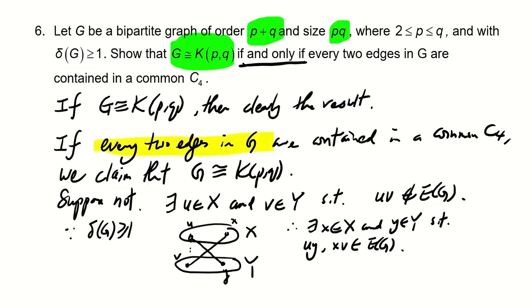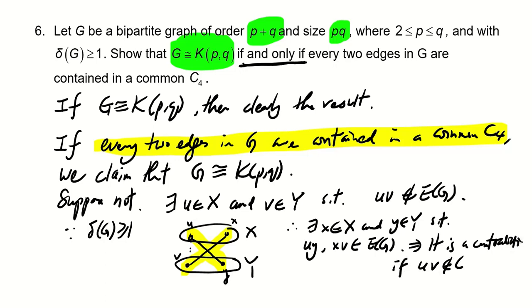Now we use the assumption. xv and uy are 2 edges in G, so there must be a common C4. Since there must be a common C4, it will be a contradiction if u is not adjacent to v.